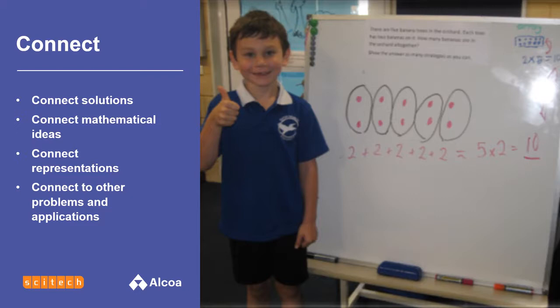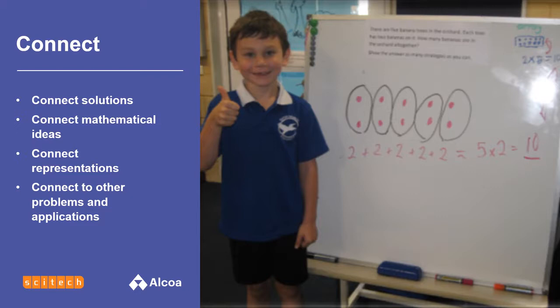And the way that she connected Jack's work to what most of the other students did was to ask him the question, in your array, can you show me where the bananas are and where the trees are? And he said, yes, sure, which is why those 5 columns are circled. He says each one of these is a tree and each of the dots is a banana.